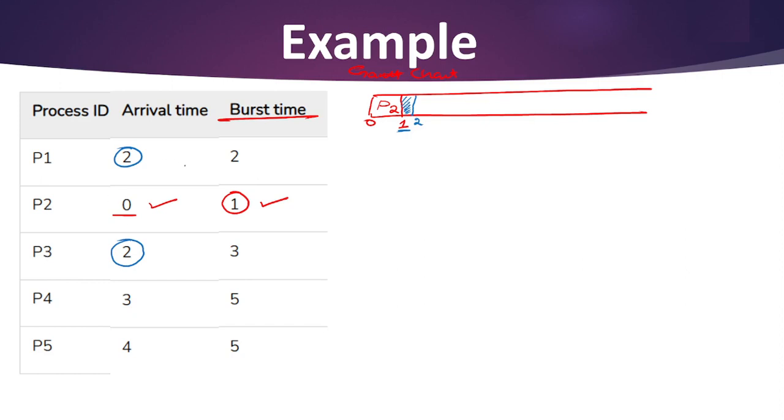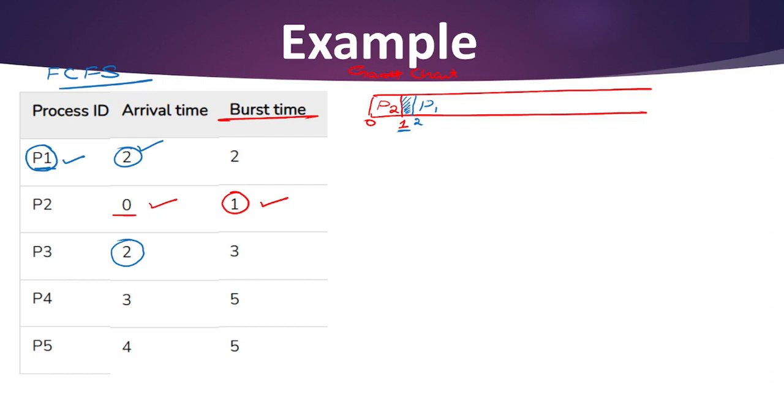At time 2, we will allot the resource to process P1 because of its name, first come, first serve. Process P1 enters the queue first. That's why we will provide the resource to process P1 here.